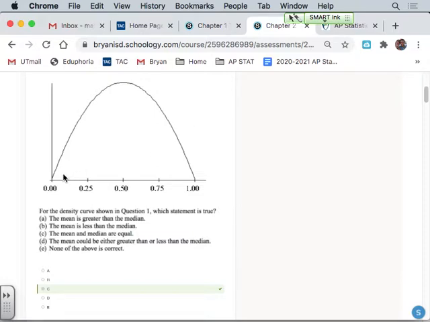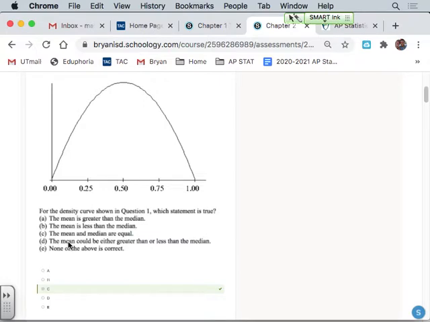So this says, for the density curve shown in this question, what statement is true? So this is a density curve. It starts at 0, goes to 1. That means that this could be representing anything, like any sort of distribution here. And under the curve here, we've got this distribution. So it looks like the answer choices are talking about the mean and the median.